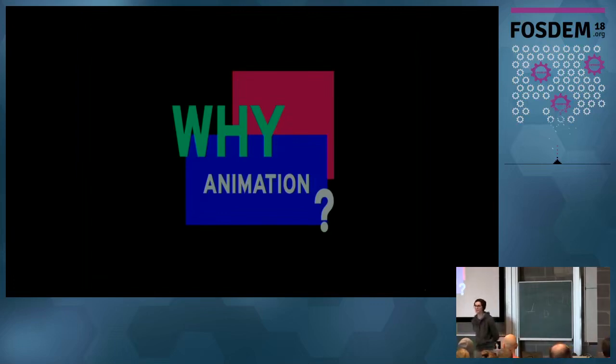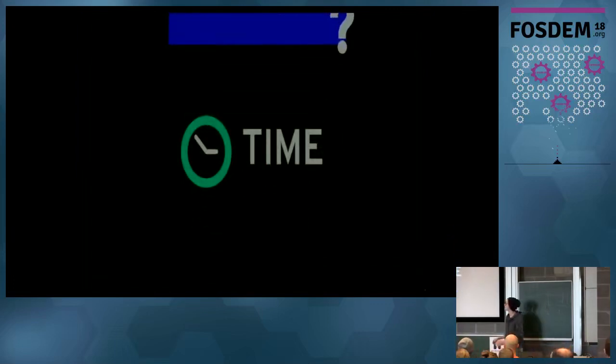That is one way to treat it, but I don't think it's a very useful way to think about it. I think the more productive way is to think about it as adding the dimension of time to your interface. A regular interface is just a 2D surface, and then you do some fake 3D depth with shadows.